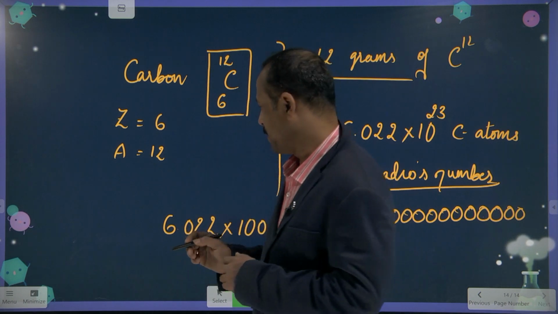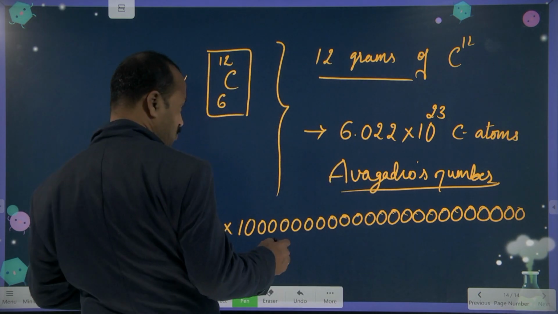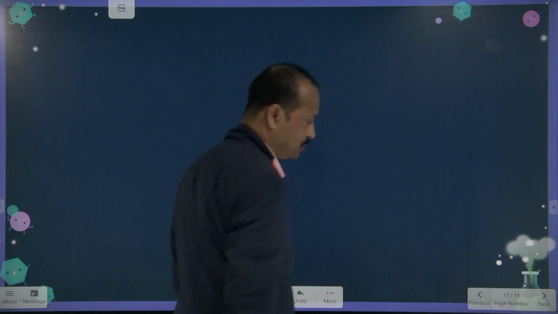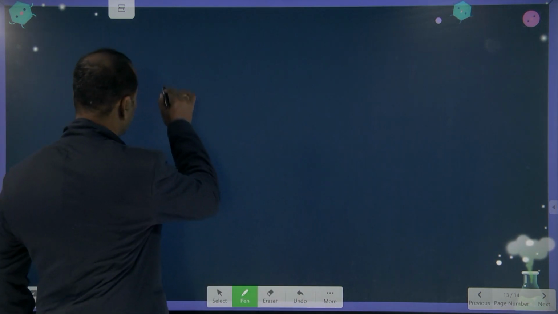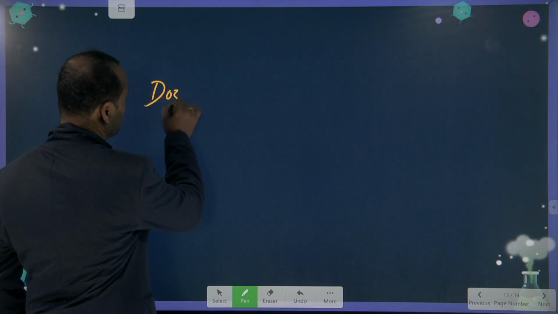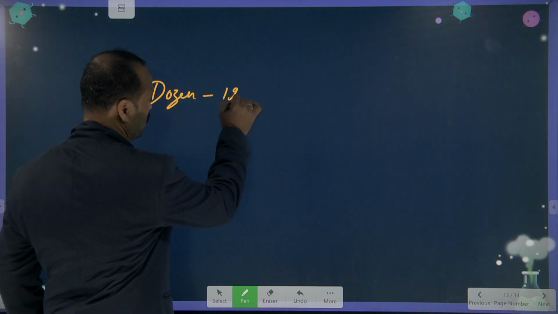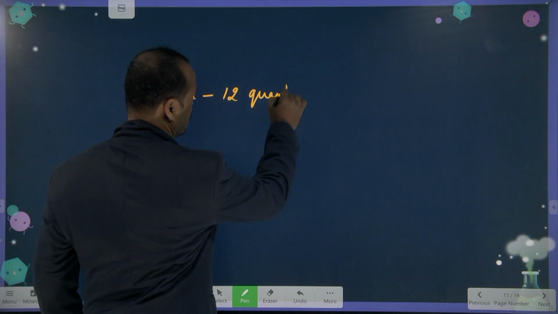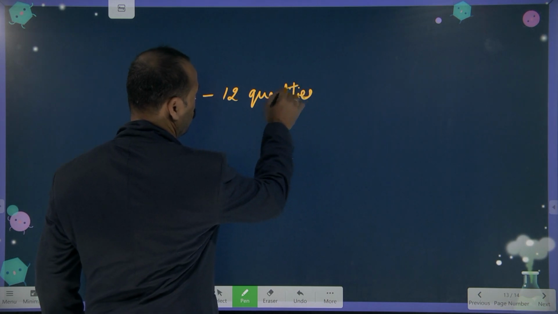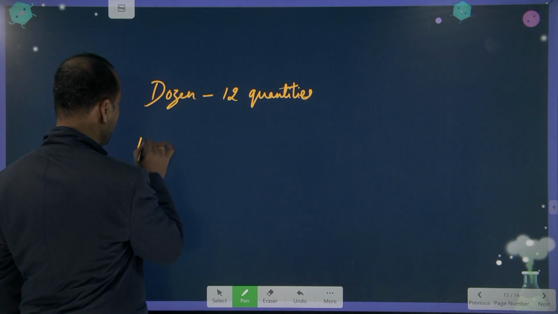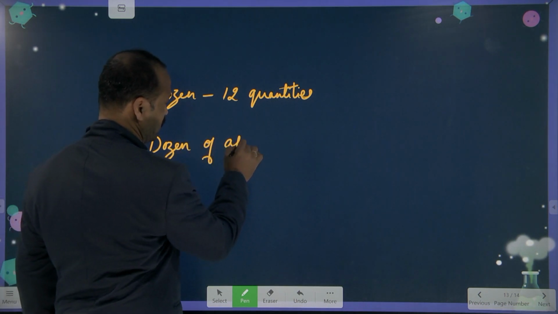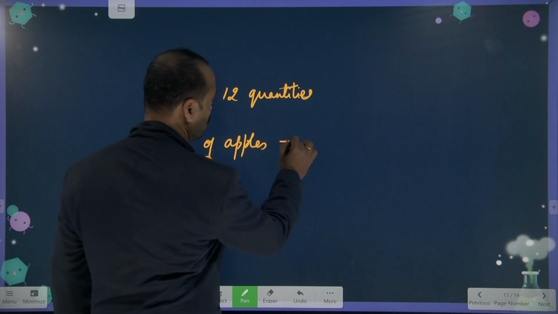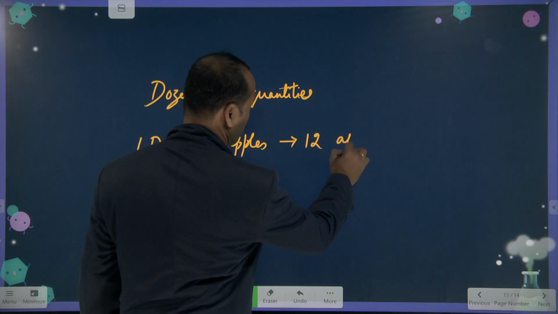Okay. So, here you see, Avinash, do you know what a dozen is? 12. Okay. So, you know that a dozen is equal to 12 quantities, whatever it may be. If you are taking 1 dozen of apples, for example, the meaning is there are 12 apples. Yes or no?